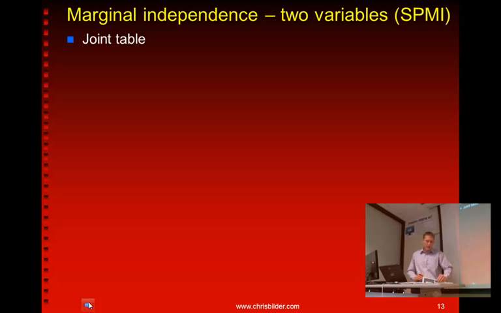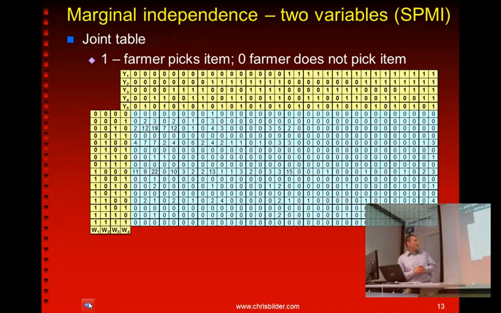Now there's another way to view the data, and this is what I refer to as a joint table. Again, on the rows we have W, on the columns we have Y. W and Y are combinations of binary variables.